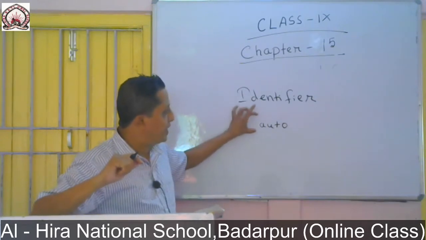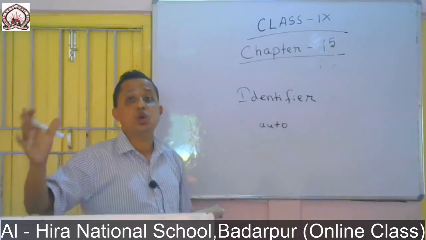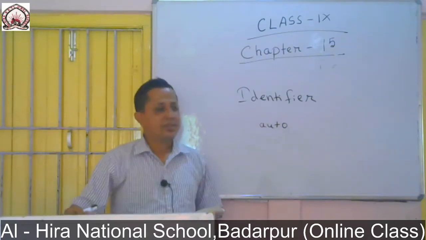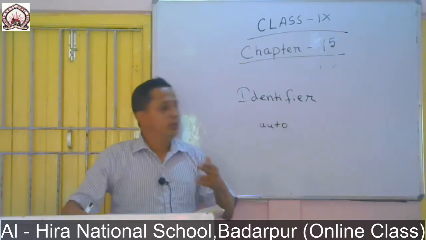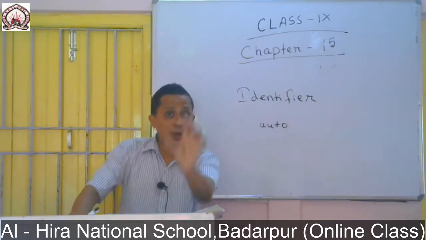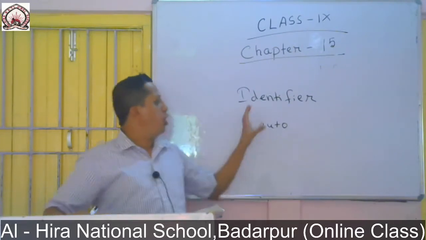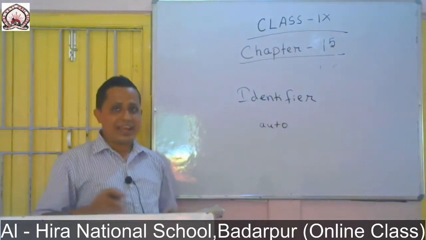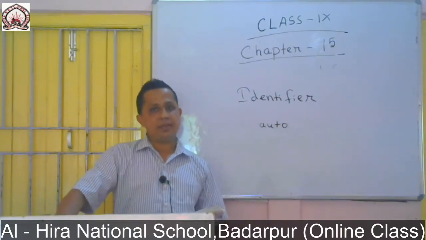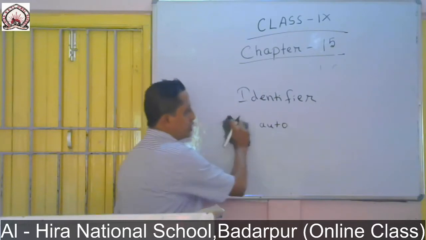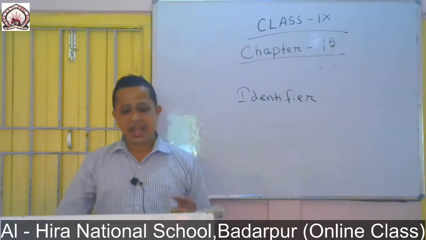Now if you want to name this auto as an identifier, the computer will show you an error. I am telling the reason why. Number one, auto is a reserved word. Number two, to the compiler there is a reserved meaning of auto. So we cannot use a keyword name as an identifier. So this rule you must understand, the 5 rules for naming identifiers.